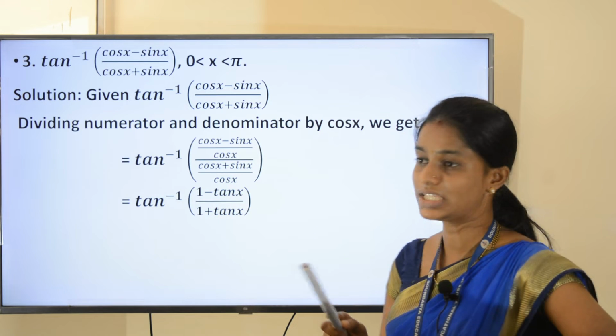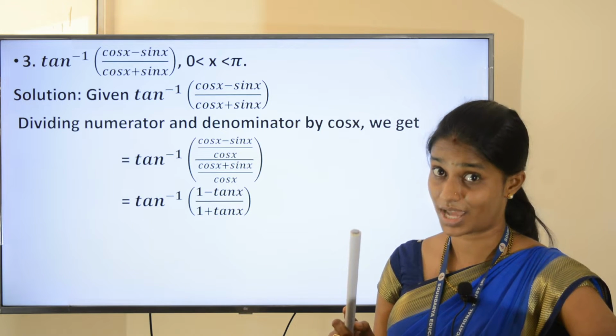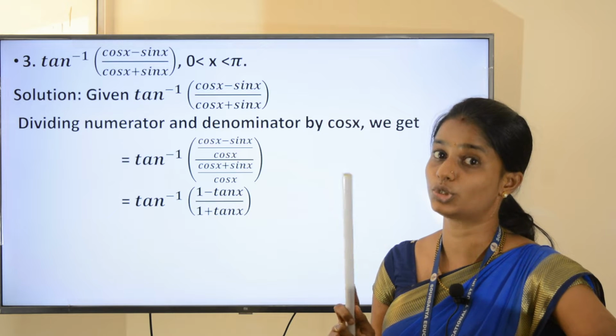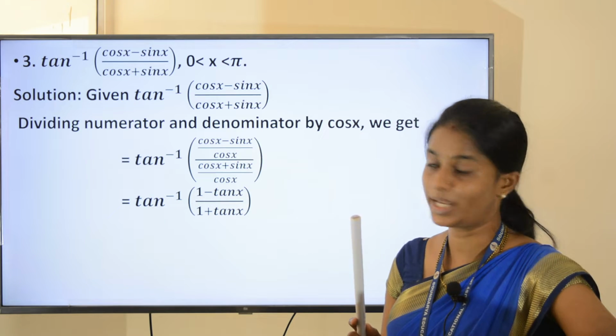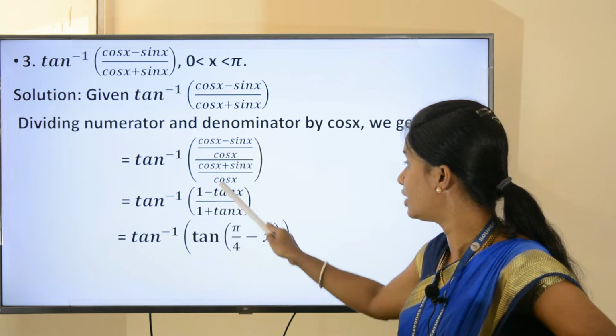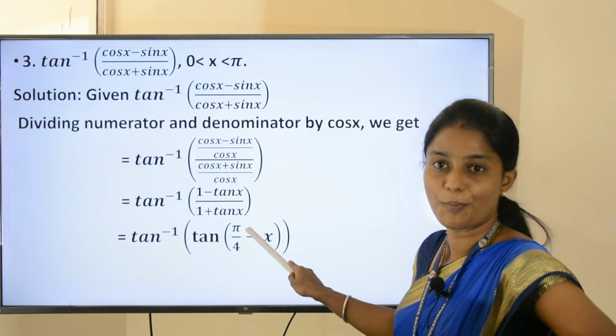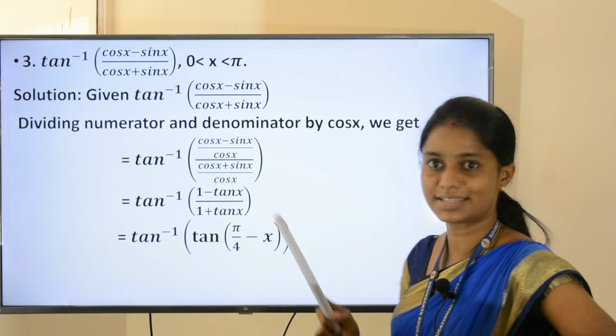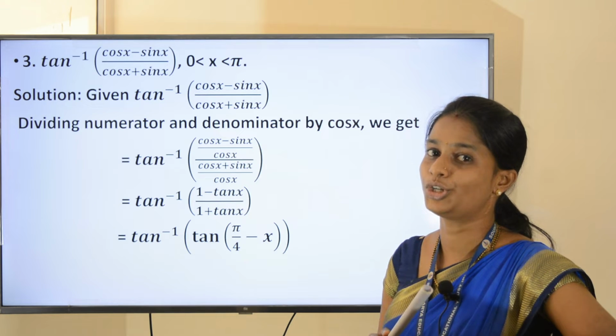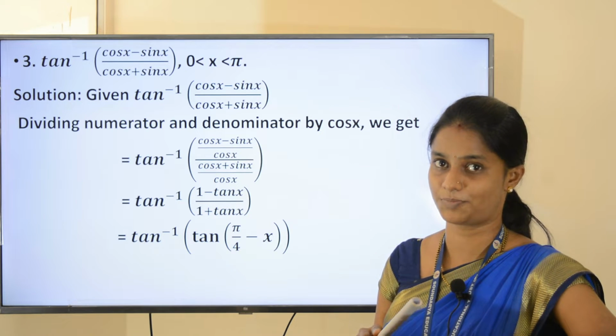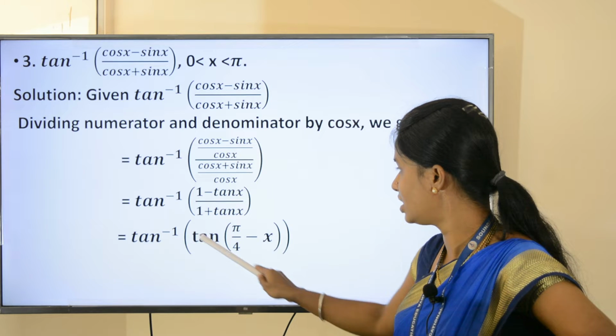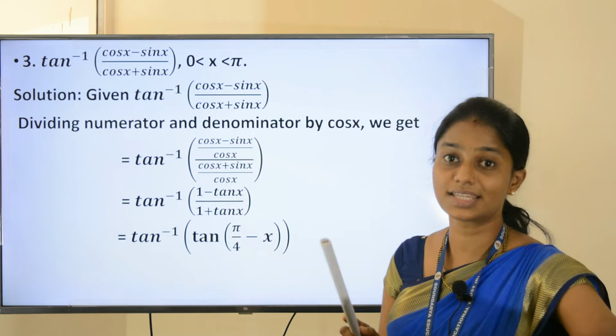1 can be replaced in terms of tan, since tan pi by 4 is equal to 1. The direct formula only, students, please observe that formula is tan of pi by 4 minus x. Now once again we are going to use the inverse trigonometric property, that is tan inverse of tan x is equal to x.